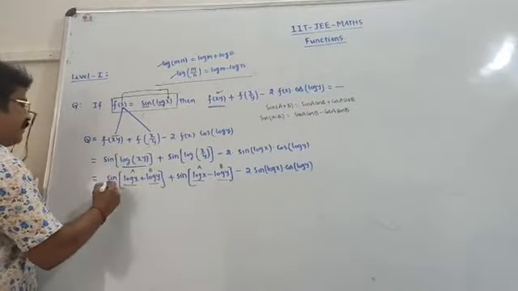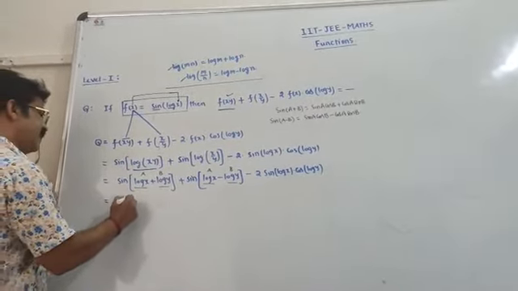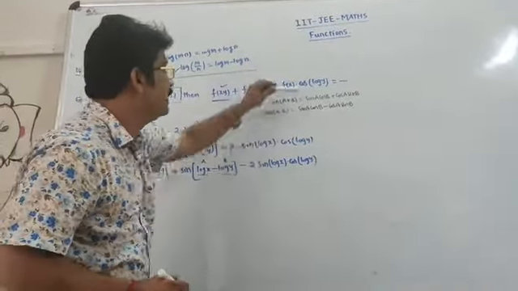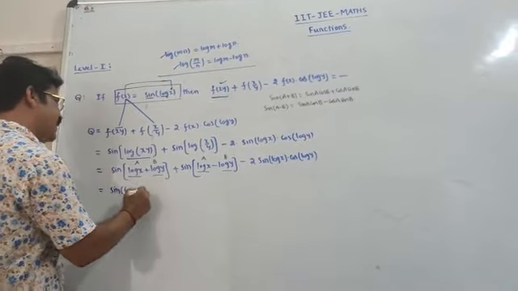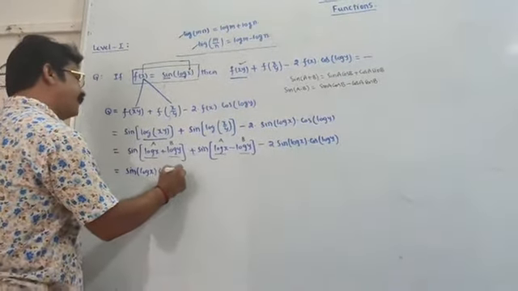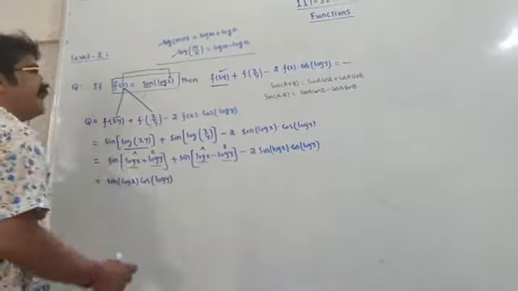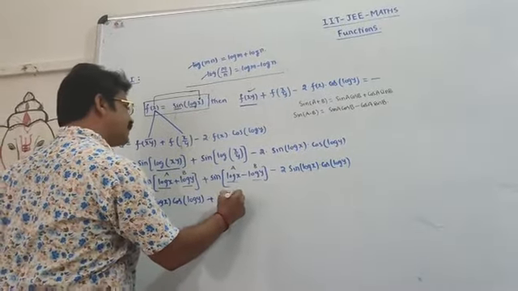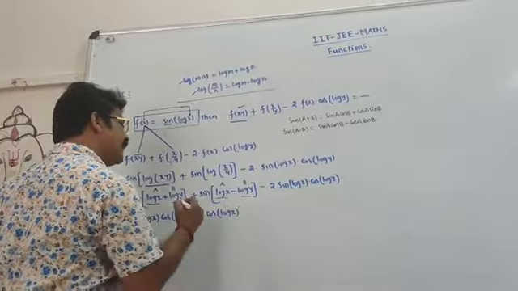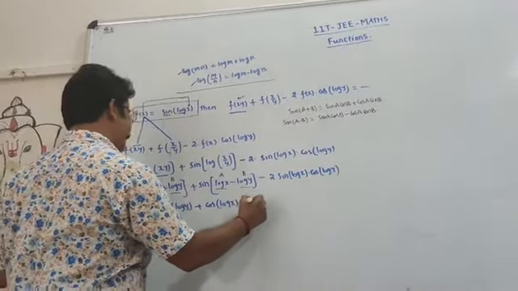So sine of a plus b is sine a cos b plus cos a sine b.